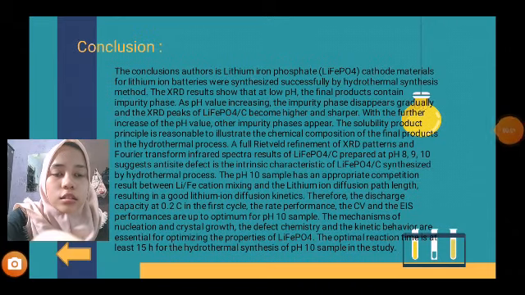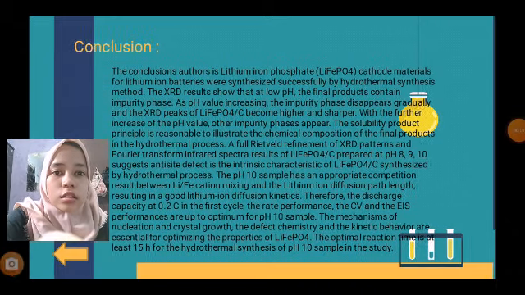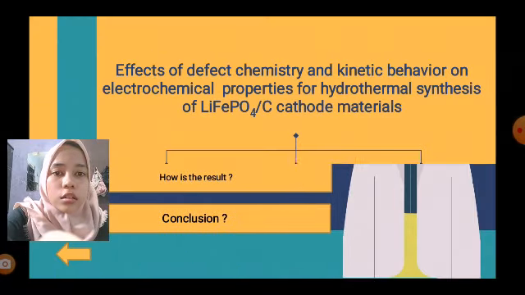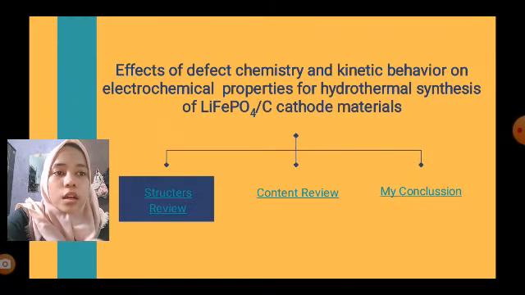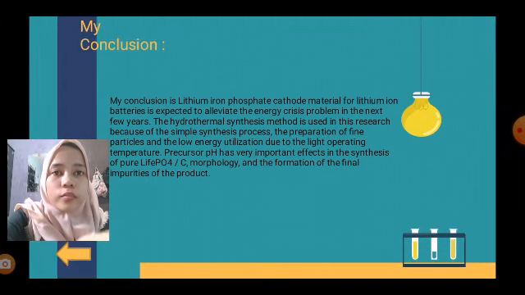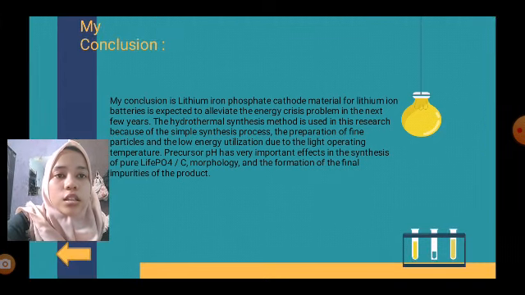Okay, next, the last section is my conclusion. My conclusion is that lithium iron phosphate cathode material for lithium-ion batteries is expected to alleviate the energy crisis problem in the next few years.